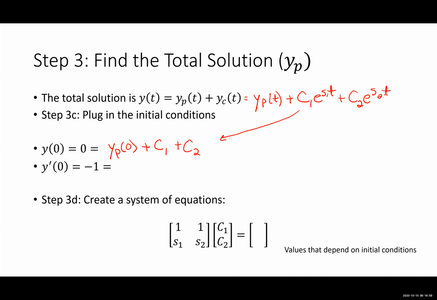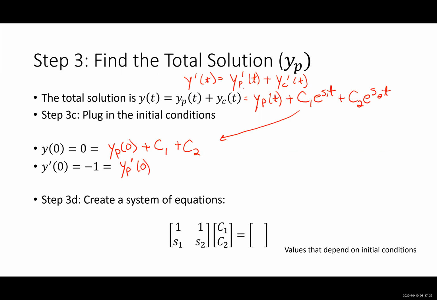Now, if you're talking about the derivative, y prime of t will be the derivative of y particular of t plus the characteristic or the complementary solution derivative. In this case, I'm just going to write that as y prime p of 0.